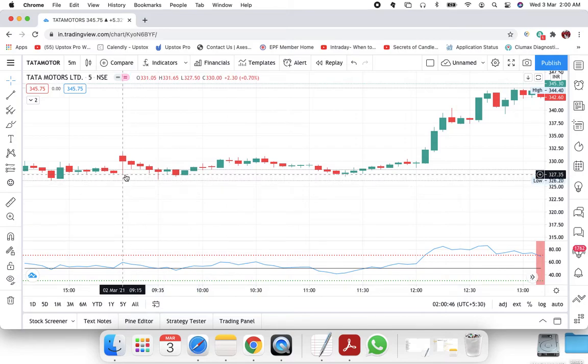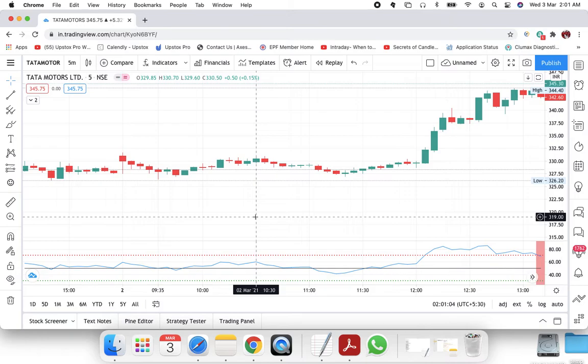If the close is broken by the next candle, then the downtrend is going to continue. This is all about the candlestick. Let's get one level advanced.